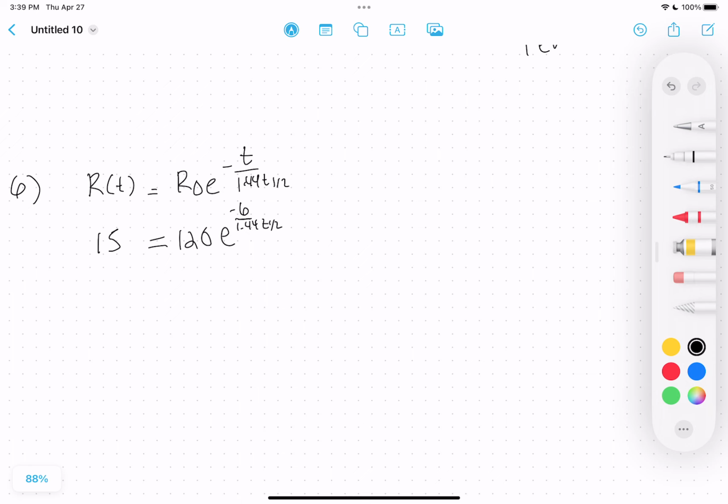So should you be converting the time elapsed to seconds, or not the time elapsed to seconds, but the activity to decays per day, and then that's how you can figure out the half-life? The weird thing is that if you do it either way, you get the same answer. So maybe I'm just missing something.